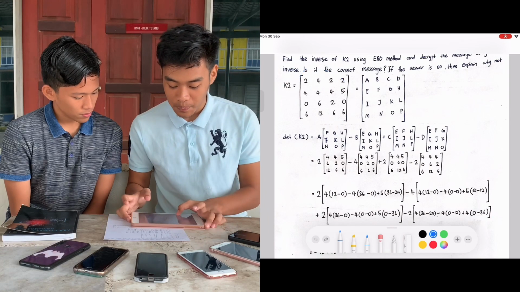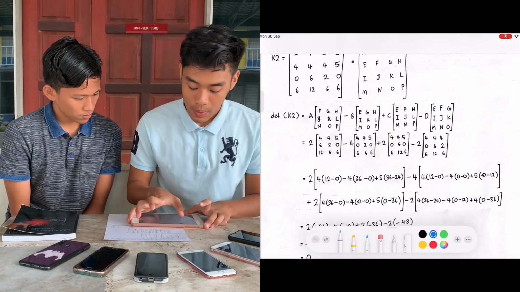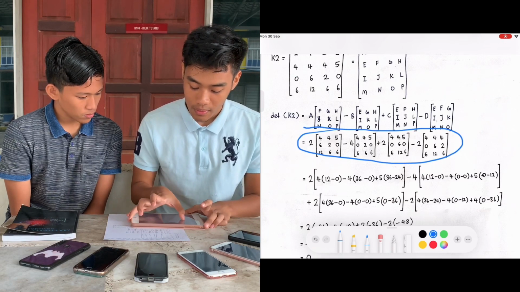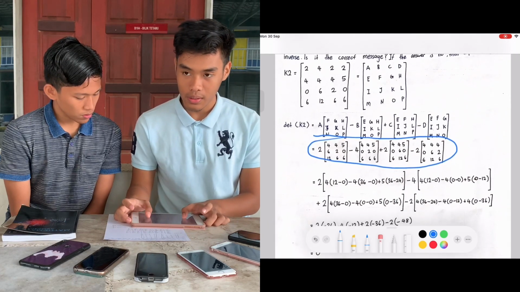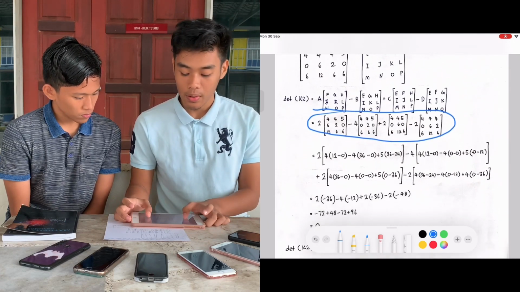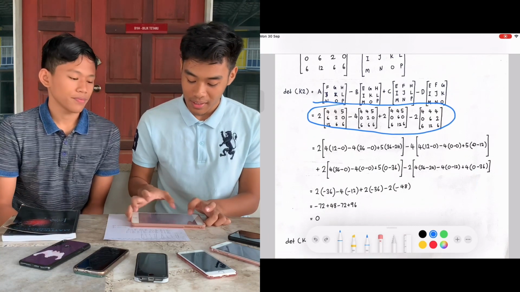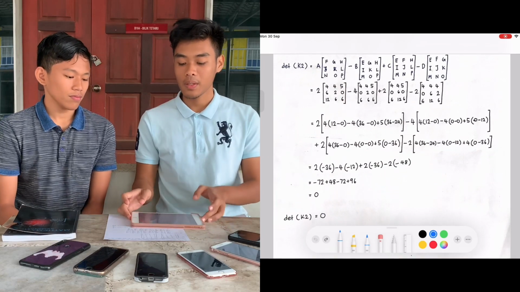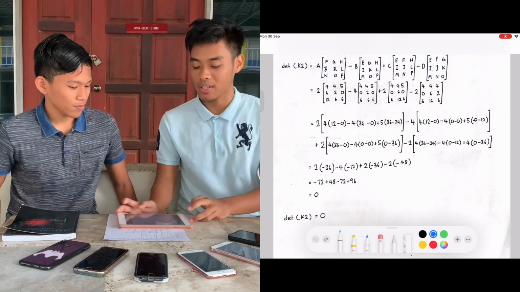Okay, so we got this as our whole equation to solve the calculation and find the determinant, whether it has a determinant or not. And then I want to continue the calculation.